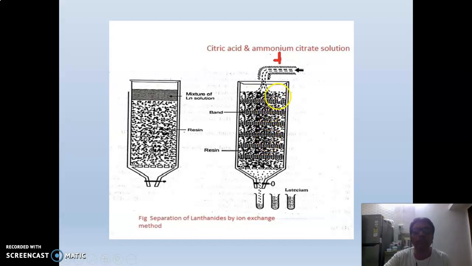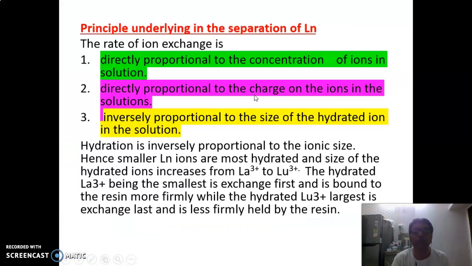But now we want to separate and collect the fractions of the lanthanon ions one by one. The collection and elution of the lanthanon ions is possible only by adding a suitable eluent to the resin column. In the first step, the lanthanon ions get attached to the resin column. Now we want to separate the lanthanon ions from the resin column by a simple elution process.